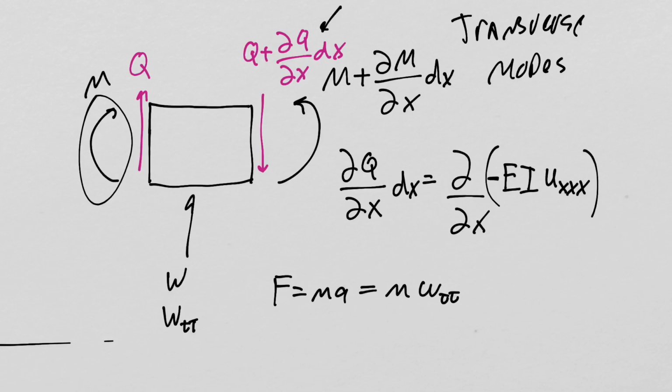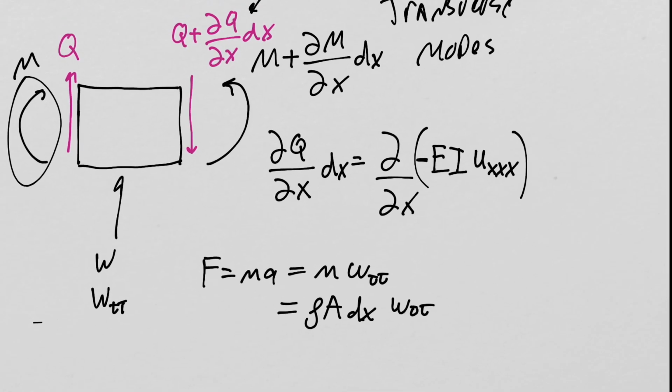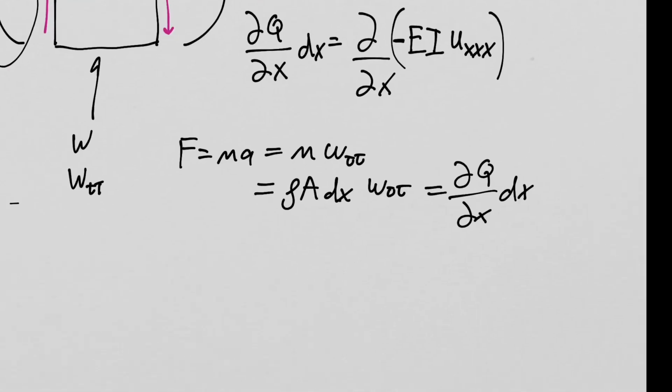So what is the mass? Well, the mass is the density of the string times the area of the string times the length of the string times W_tt. So that is the unbalanced force, but that unbalanced force is also this piece here, dQ/dx. So that must equal partial Q partial x dx, right? So the dx's cancel, and you get partial Q partial x equals rho A, and then I went with w, but I meant u.